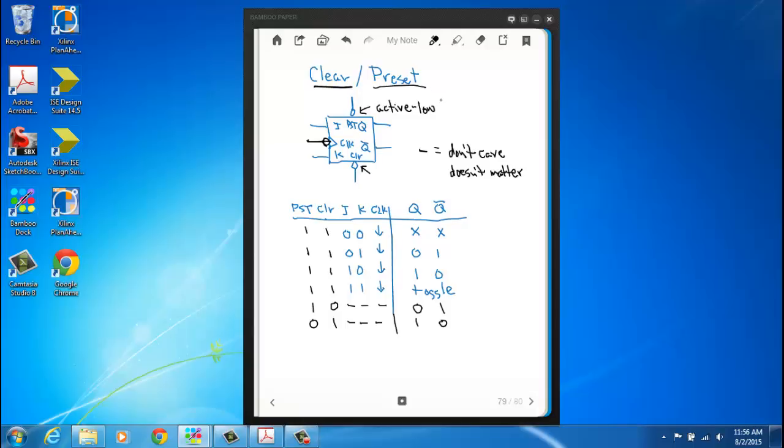The reason we cover these two inputs at this point is because in the next video we'll look at a counter that counts to some number other than a whole number power of 2. So instead of a 4, 8, 16, 32 counter that we saw in the previous video, we'll see an example of a 10 counter. And in order to make a 10 counter, you needed to know about how a clear works.